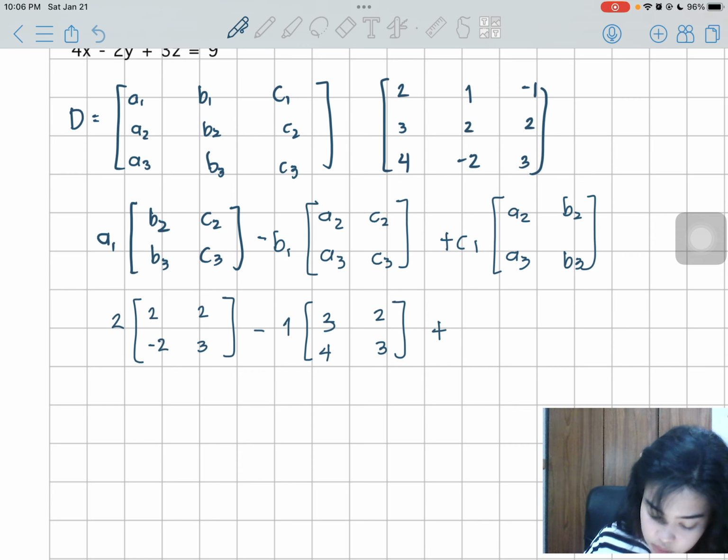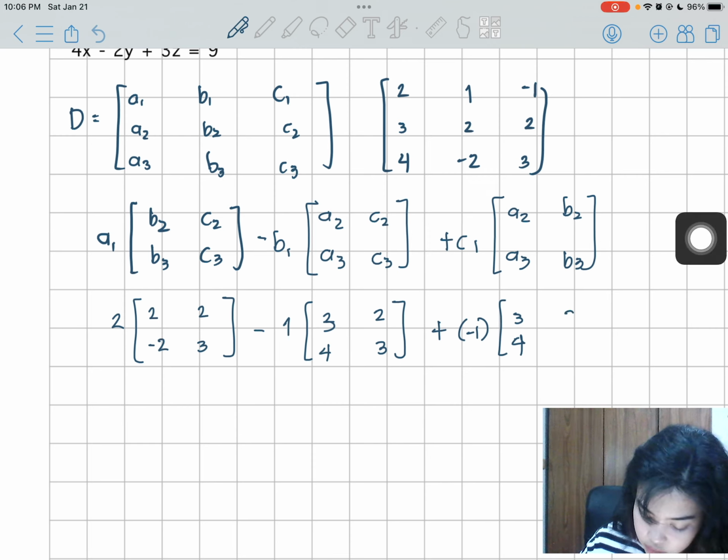And for c1 we have negative 1 times 3, 2, 4, 2, negative 2.